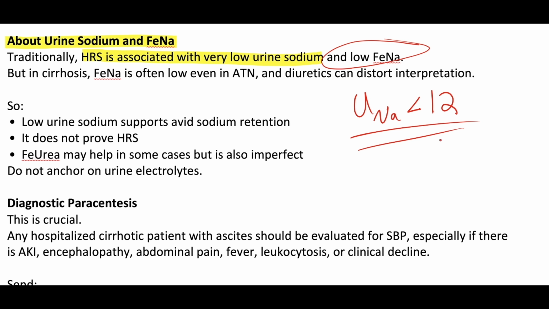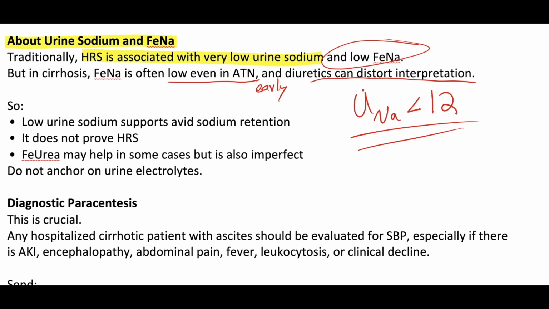This is supportive of HRS, but not diagnostic of HRS, because in cirrhotics, sometimes this is low even in ATN, especially early ATN, before those tubules are fully destroyed, and then you start leaking more urine sodium out. And then a lot of these patients are on diuretics, which can distort the interpretation. So a low urine sodium supports HRS, but it does not prove HRS.